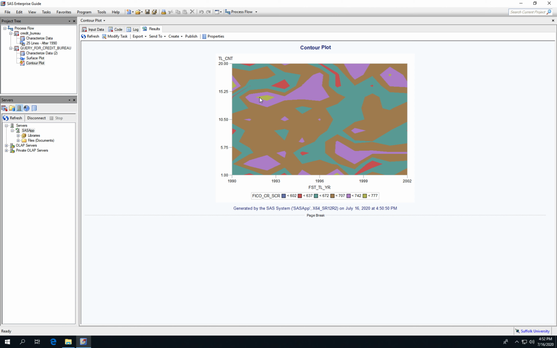And then there's a combination for everything else. So it's interesting to see where those little yellow pieces are coming out. And here's an interesting little tiny one. But this particular plot gives me more information than the surface plot for this particular type of data.